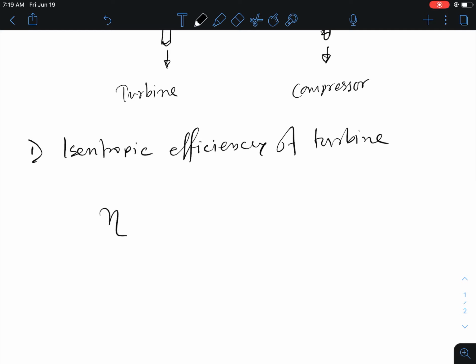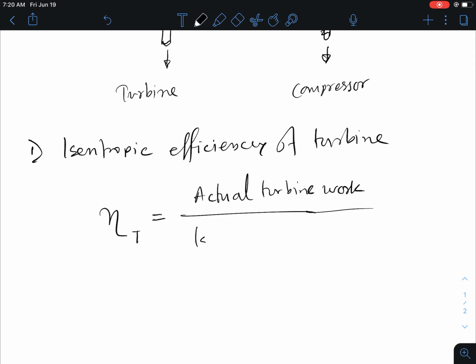By definition, we know that efficiency is the ratio of the work output divided by the work input. So in this case, the isentropic efficiency of the turbine is the actual turbine work divided by the isentropic turbine work.